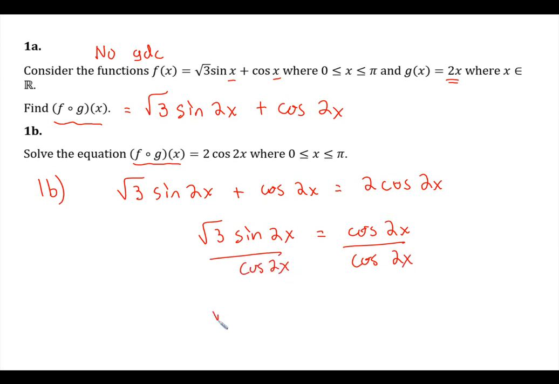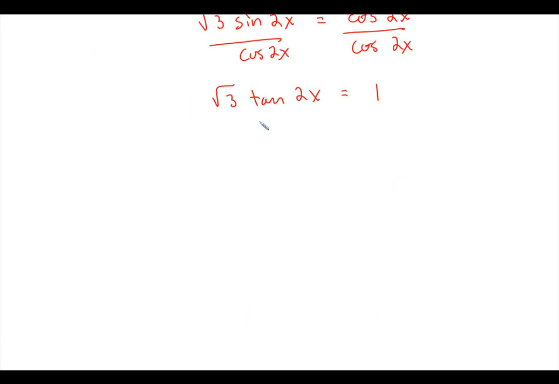Right, so then I'm going to end up with root 3 tangent 2x is equal to 1. And then divide by root 3 on both sides. So we get tangent 2x is equal to 1 over root 3. If we rationalize this, that would give us root 3 over 3.